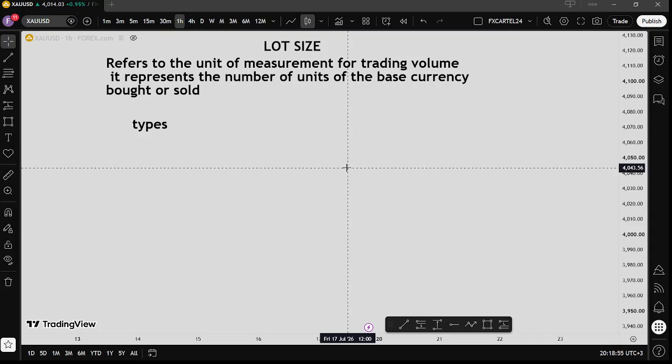The 10 kilograms is the heaviness of the currency pair, and the one cup you take out is the unit measurement. You are going to use that, the one cup that you are going to cook and eat.